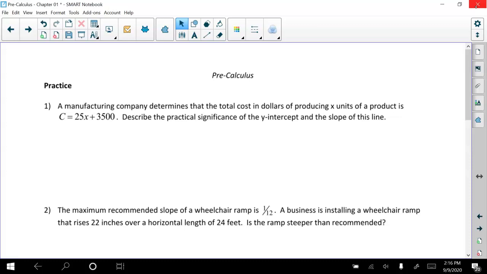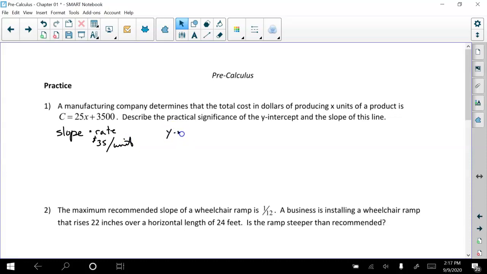So the total cost is C, and x is the number of units. So our slope, that's the rate of change. That's how much it costs. So it's $25 for every 1 unit. That's the cost per unit.